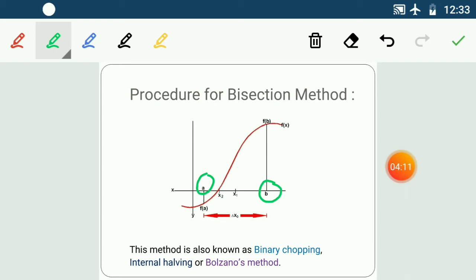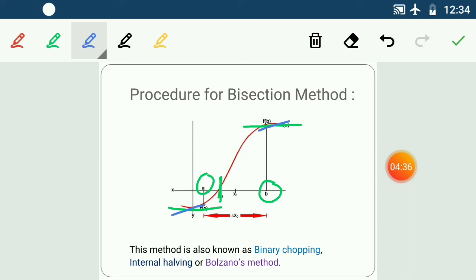A gives me the negative value, b gives me the positive value. So we can see here we are getting the root. The first step is to find an alternate set, either negative positive or positive negative. So this is our first step.